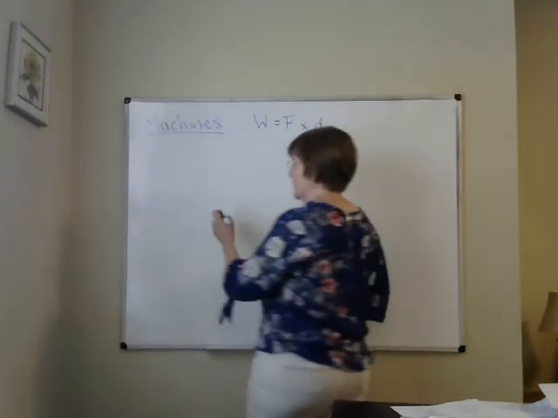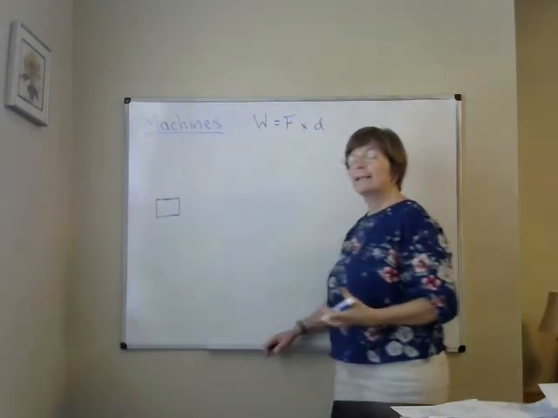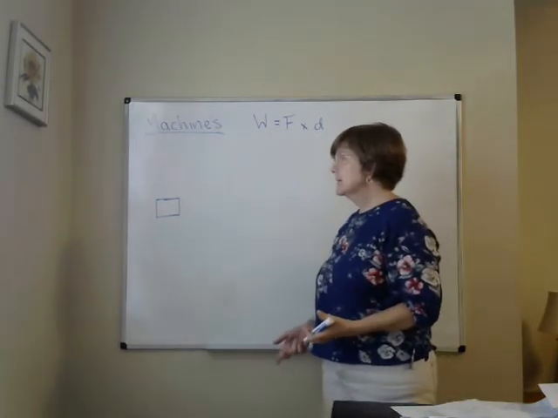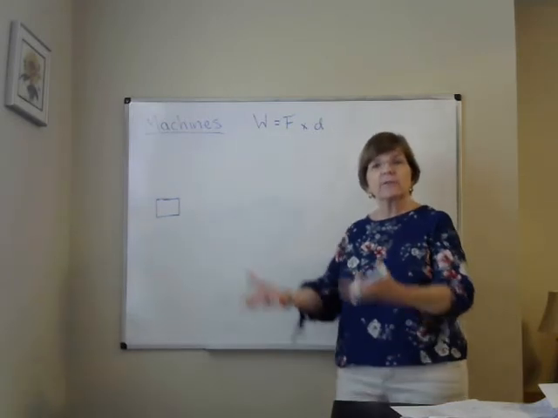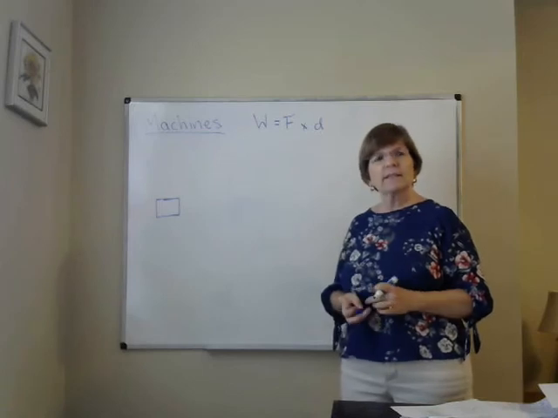Suppose that you have a big heavy box and you want to raise it up 1 meter. Well, if this box weighs 1,000 newtons, you're going to need 1,000 newtons of force to raise it up. Well, that's a lot.